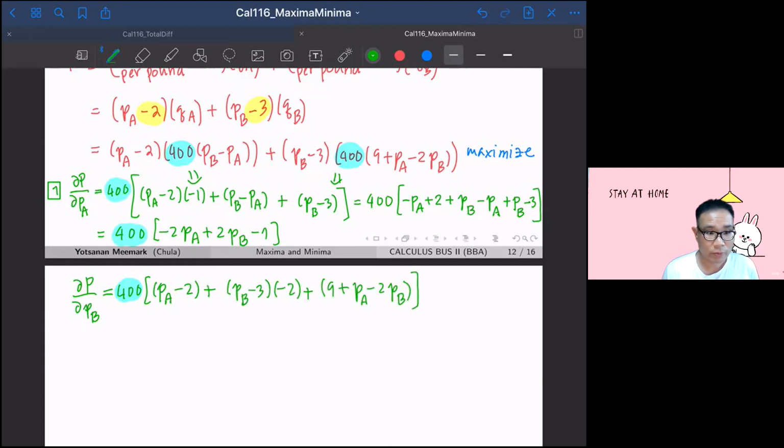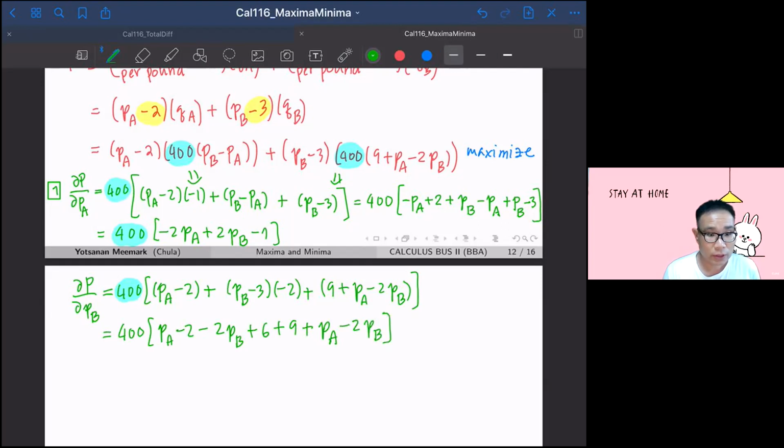You simplify this one, so it's 400 times PA minus 2, and you have minus 2 PB plus 6 plus 9 plus PA minus 2 PB.